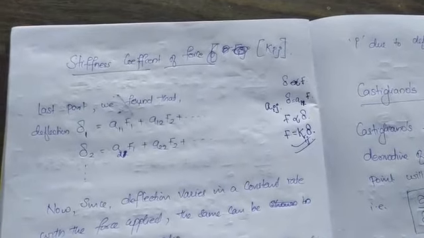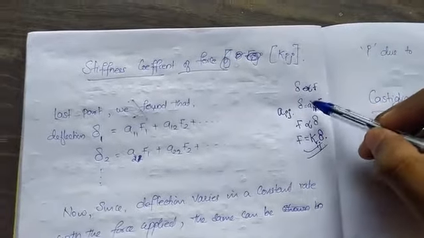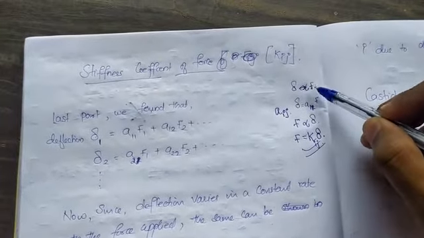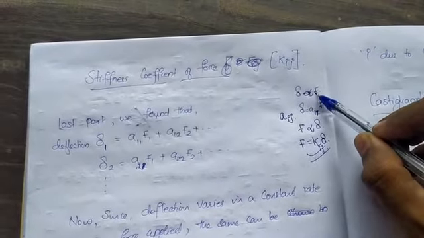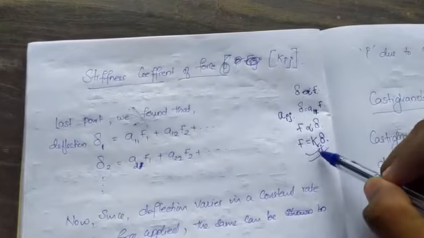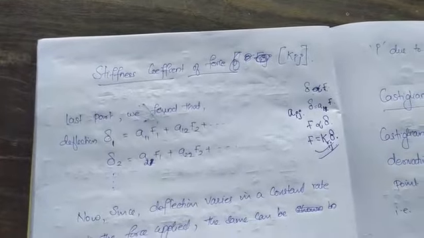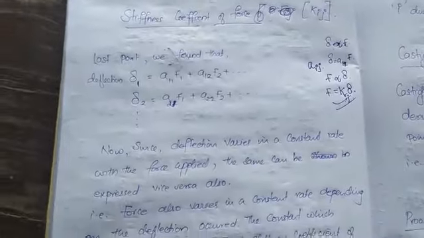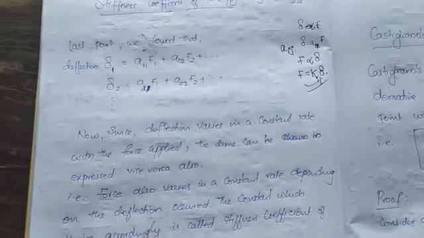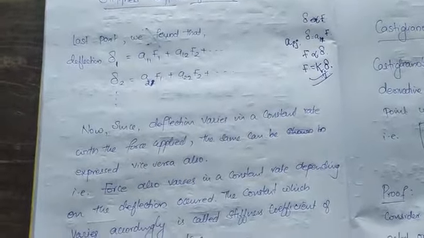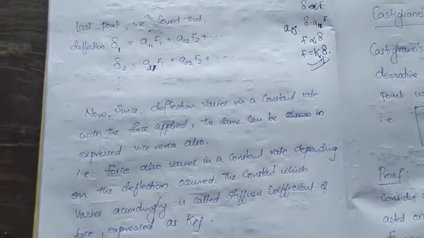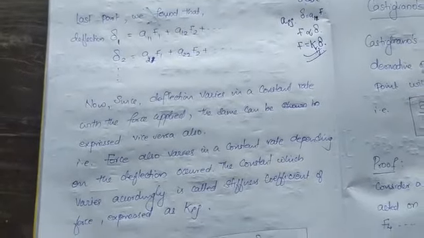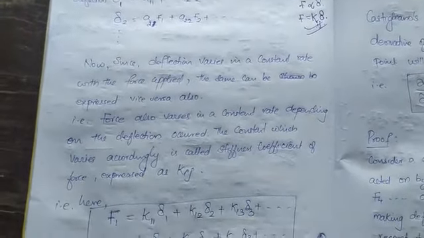Since we have a constant of proportionality for delta proportional to F, similarly we should have a constant of proportionality for F proportional to delta, and that constant is called the stiffness coefficient of force. Okay, so now since deflection varies at a constant rate with the force applied, the same can be expressed vice versa also. That is, force also varies at a constant rate depending on the deflection occurred. The constant which varies accordingly is called the stiffness coefficient of force, expressed as Kij. This is what I explained.